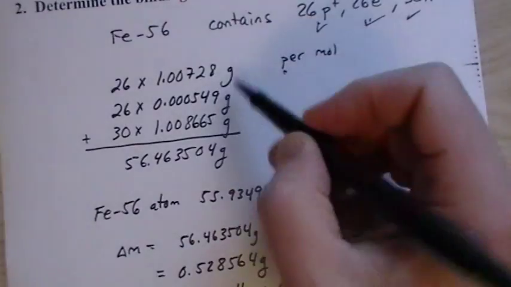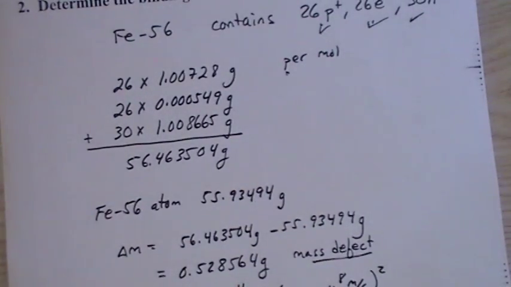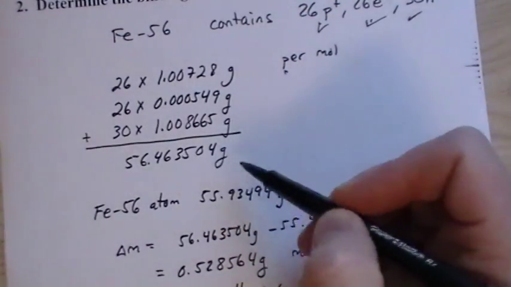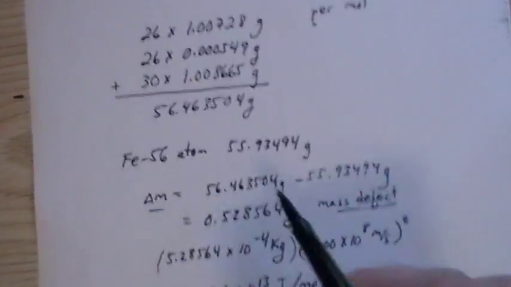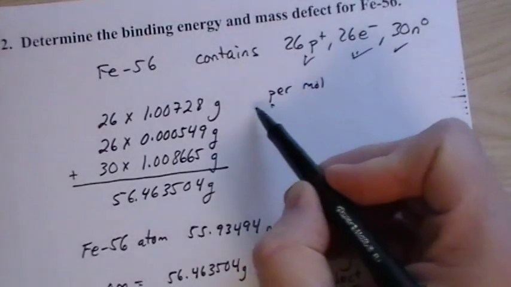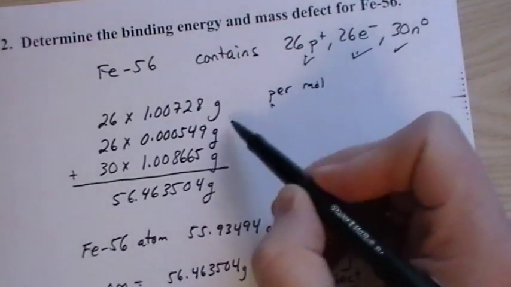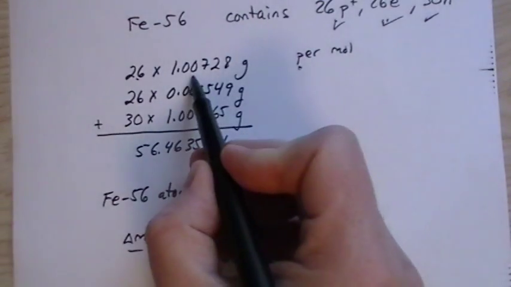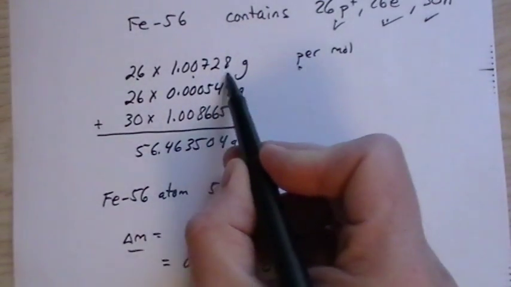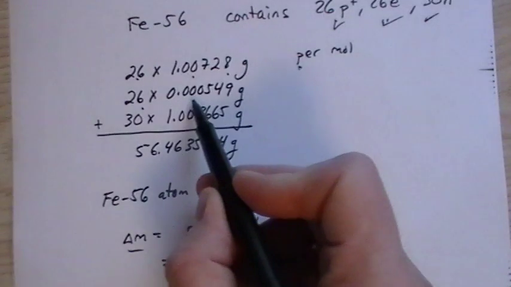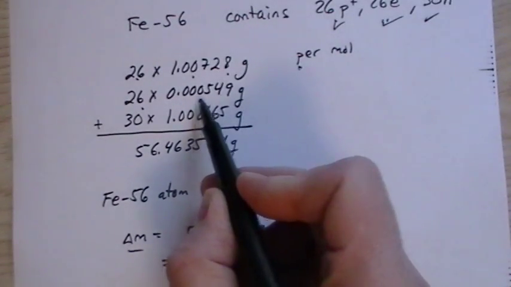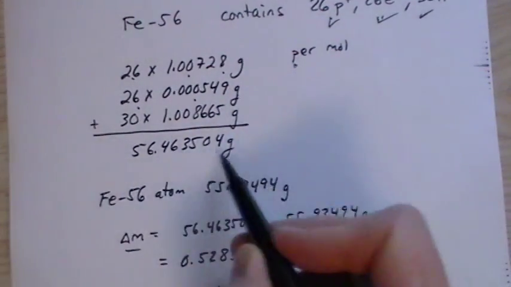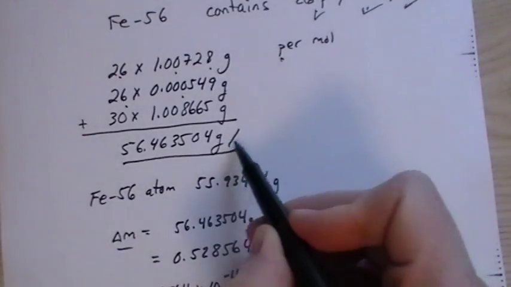They do it by AMU, but since we're going to have to convert to kilograms anyway when we put it into this equation, I just decided to change it over here. We could certainly do it by AMU. So you add them all up: 26 times the mass of a mole of protons, 26 times the mass of a mole of electrons, and then neutrons, and we get this, and this is really per mole.